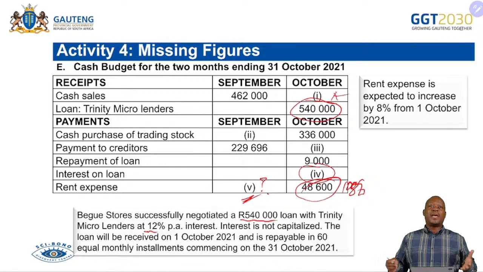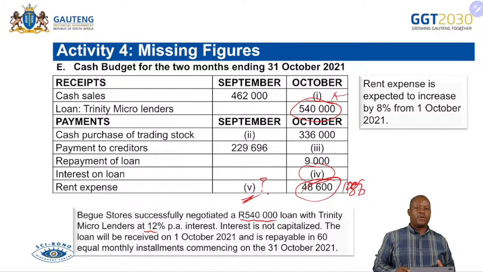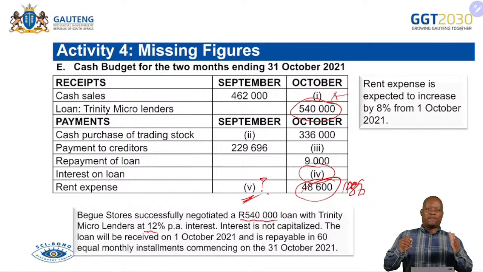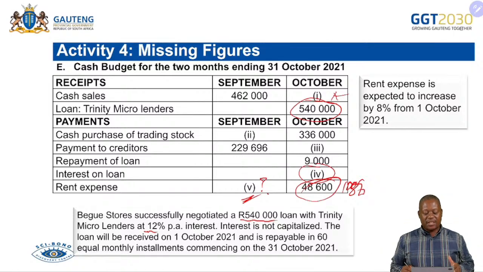So can you be able to find the interest on loan? Remember the previous question, we were not finding interest. We were given interest. We wanted to find how much is the amount of the loan. But this time, straightforward, we are looking for the amount of interest on loan. I will never ever overemphasize the fact that this one is for 1 month. Your 2 minutes starts now.